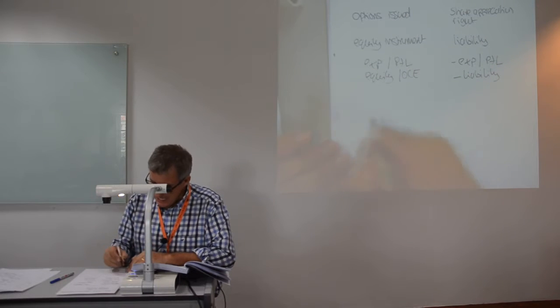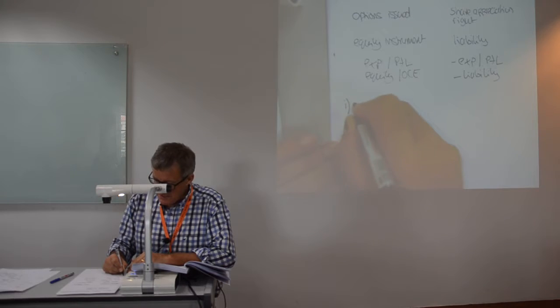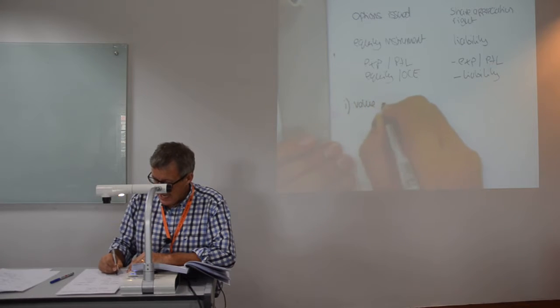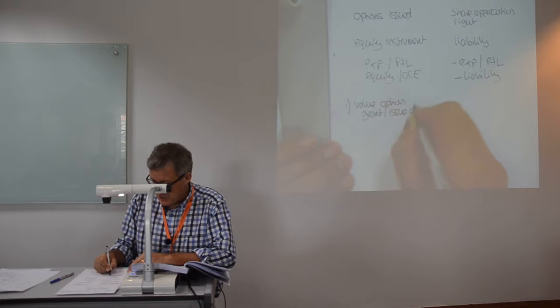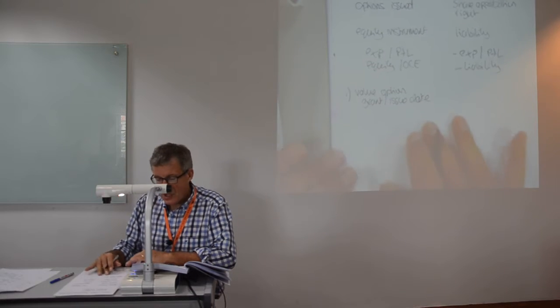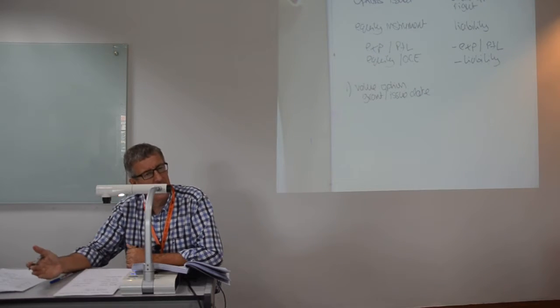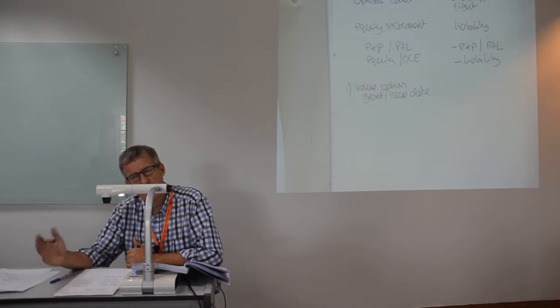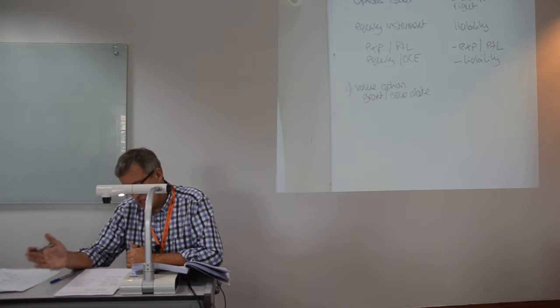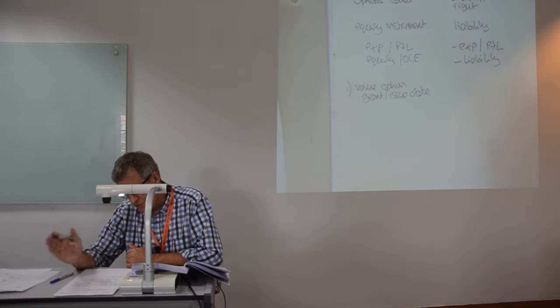Now, the accounting. We need to value the option at the grant date, at the issue date, just like you do with equity shares. With equity shares, you issue the equity share and the share capital doesn't change even if the share price goes up or down. So you value the option at the grant date.